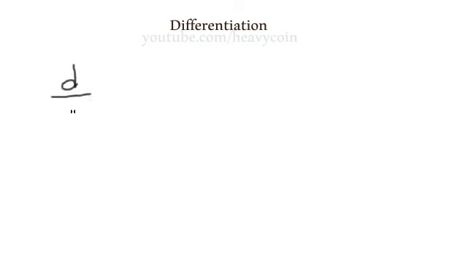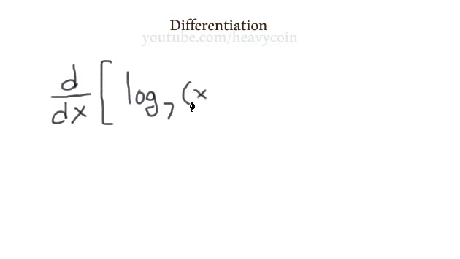What if we had d over dx, right, asking us to take the derivative of log. This time we'll say we have a base of 7, and it's x squared plus 1. Okay, so we take the derivative of what's in parentheses, and the derivative of x squared is 2x, and of course the derivative of 1 is 0.